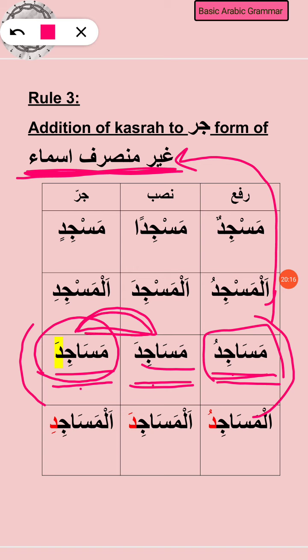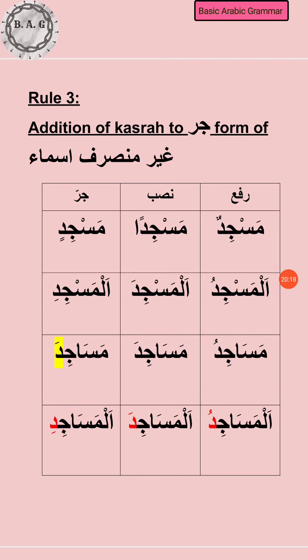Masajida, masajida. Now in relation with al, if we add al to this masajidu, it becomes al masajidu. Of course, we don't need to worry about the na sound, the ending na sound, because there isn't one here.